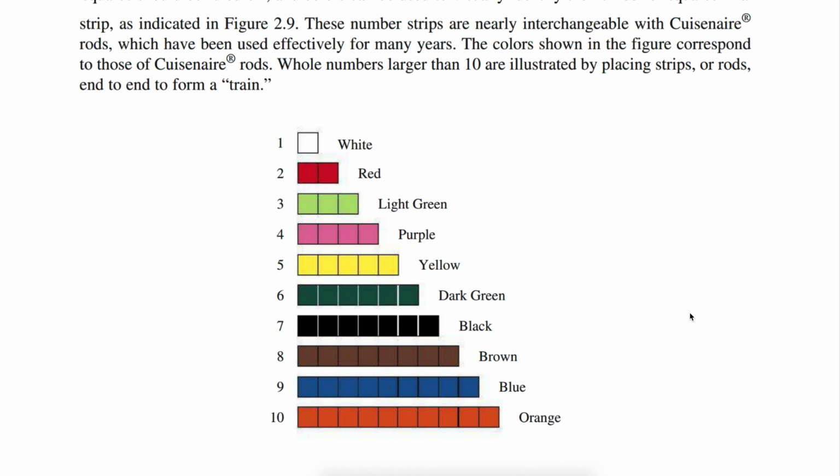Later in the class, when we introduce addition and subtraction, you'll see some examples with these rods. These are used quite extensively, and you don't need to buy the brand name ones. You can make these out of cardstock or cardboard. It's just another way to count.